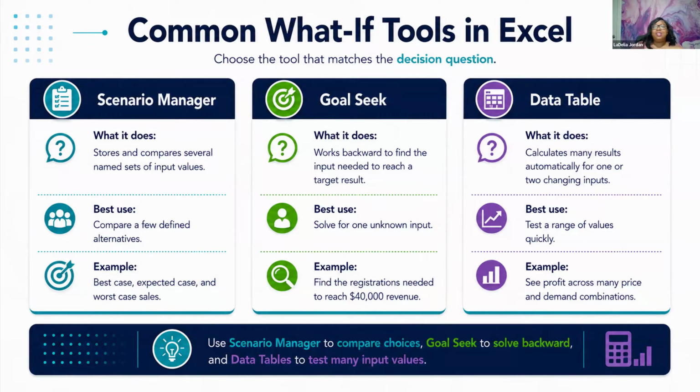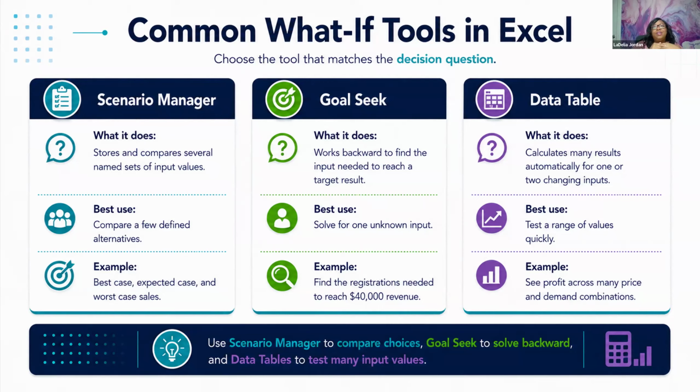Goal Seek starts with a result we want to reach. It's like going backwards from the scenario manager. Excel then calculates the input value needed to reach that target. And then we have the data table, which evaluates a range of values. It's helpful when we want to see many possible results without creating a separate named scenario for each one.